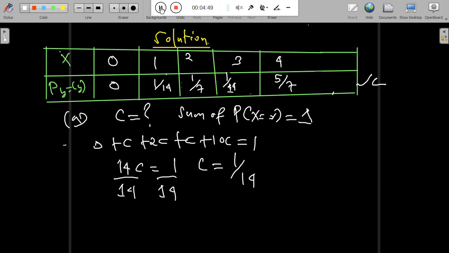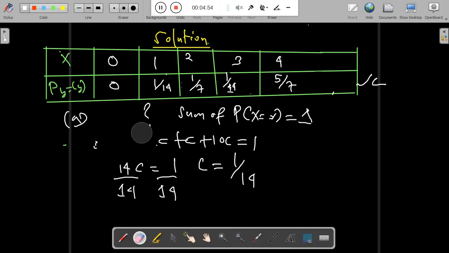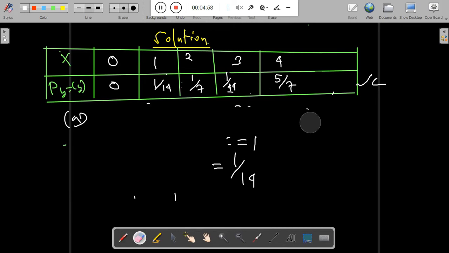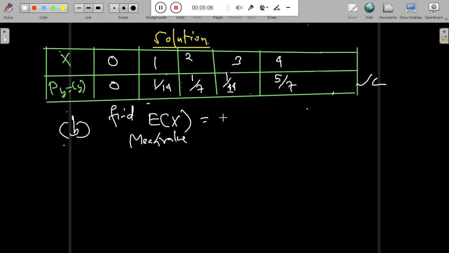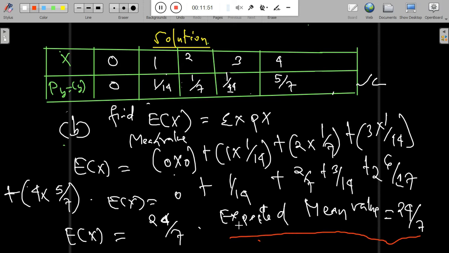Since we have the value of c, which is equal to 1 over 14, it is now possible to find the expected mean. The expectation of x is equal to the summation of x times probability of x. So the expectation of x is equal to 0 times 0, plus 1 times 1 over 14, plus 2 times 1 over 7, plus 3 times 1 over 14, plus 4 times 5 over 7.